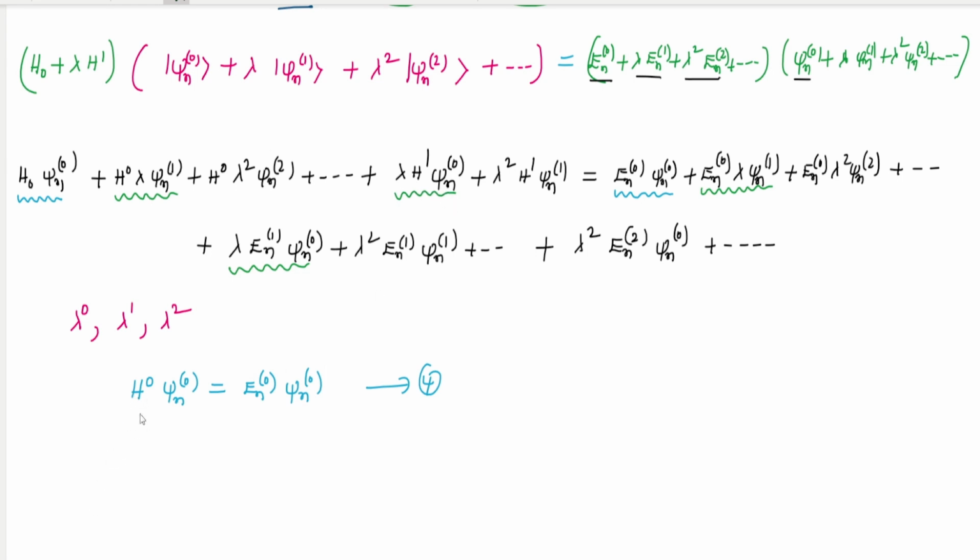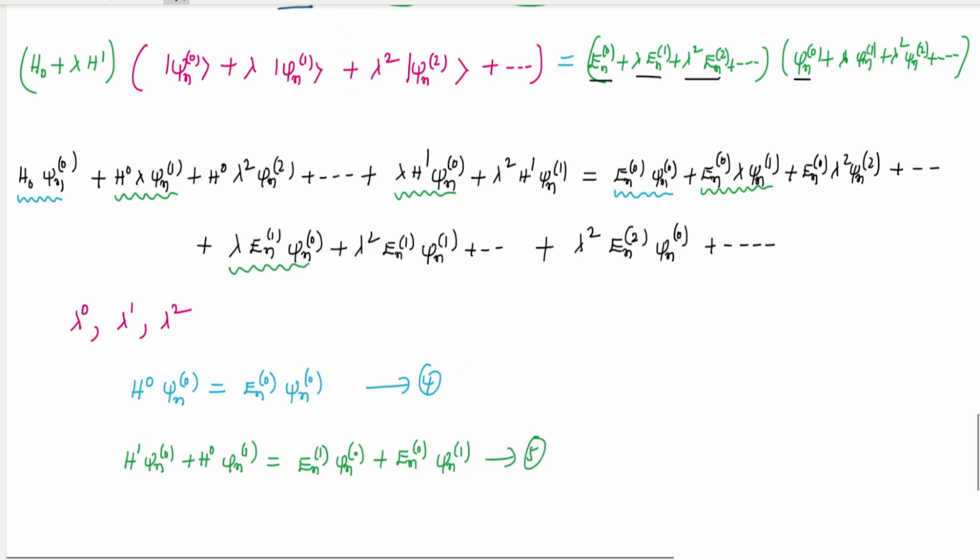I'm going to compare both sides: H prime psi n power 0 plus H naught psi n power 1 equals E n power 1 psi n power 0 plus E n power 0 psi n power 1. This is equation number 5.